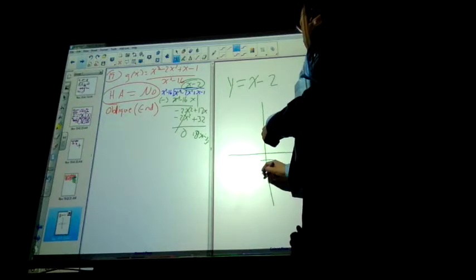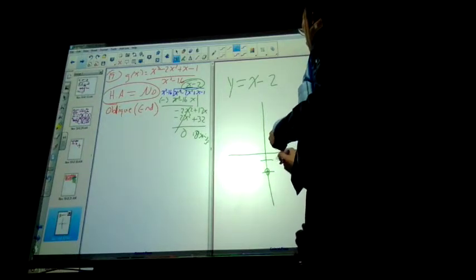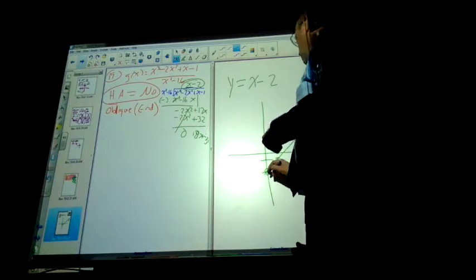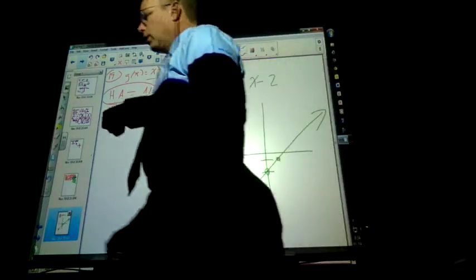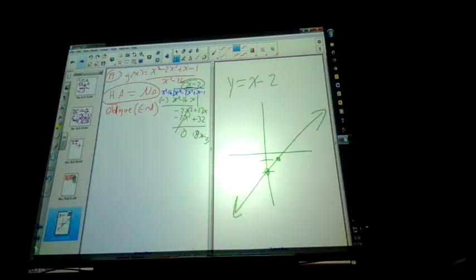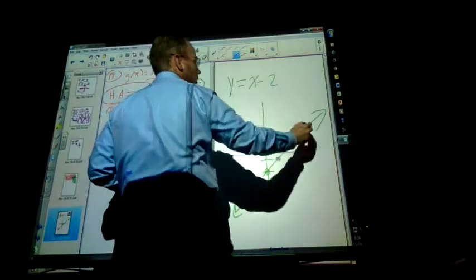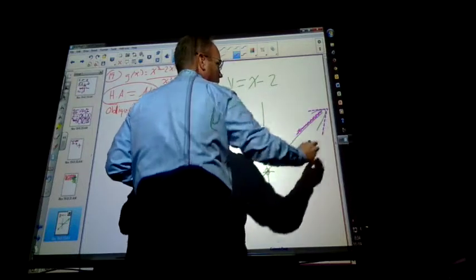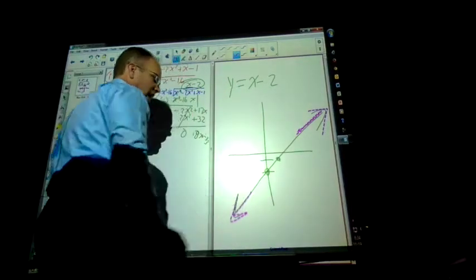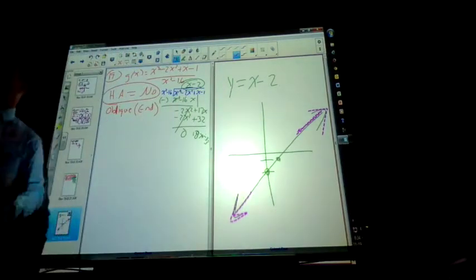So, if you had negative 2, and then you go up 1, right 1, if you had this line drawn, this particular graph, as far as the ends go, so as far as over here goes, and down here, that's what the end behavior of the graph is going to do.